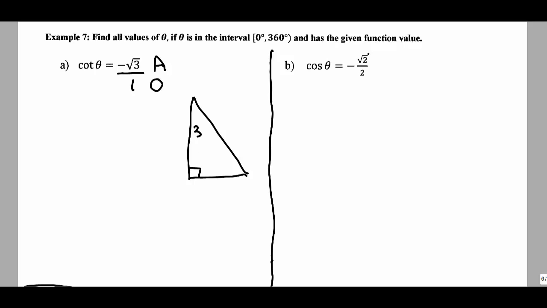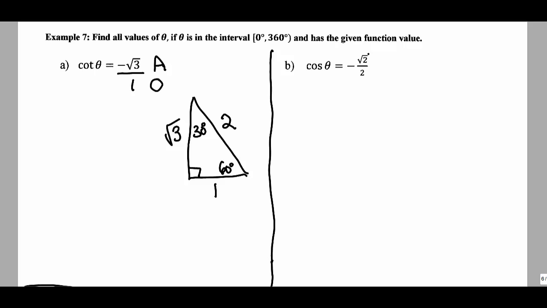So we're going to draw this, and let's say the hypotenuse is 2. The side that's opposite of 30 would be 1. The side that's opposite of 60 is the square root of 3.